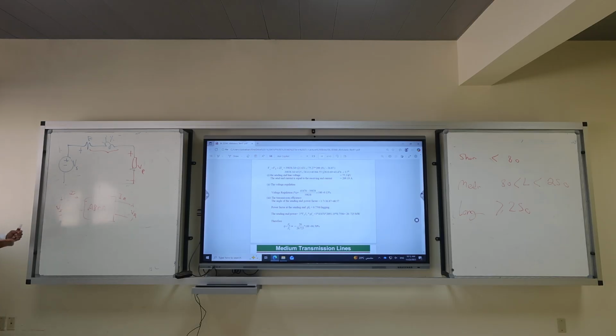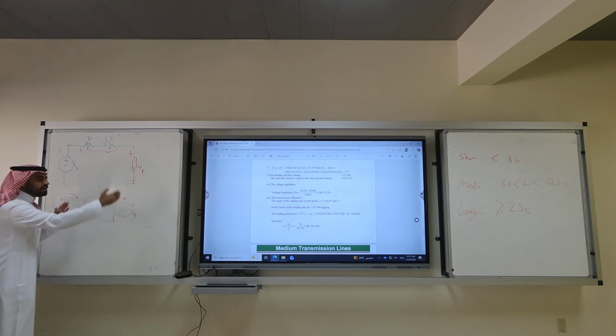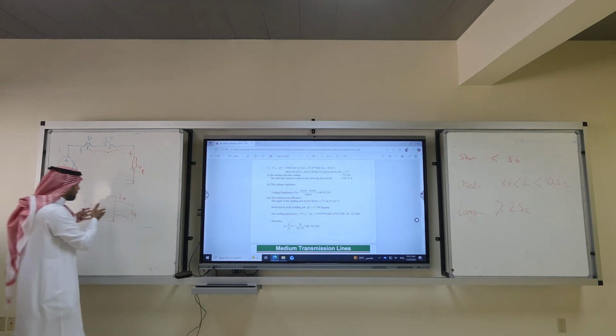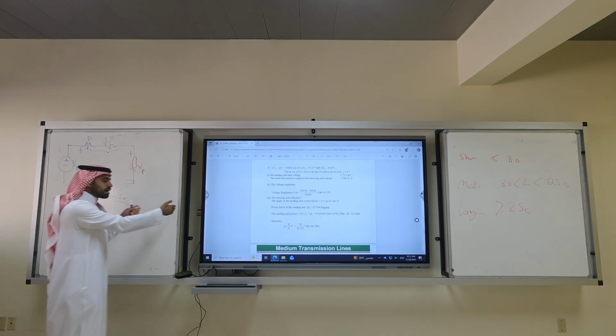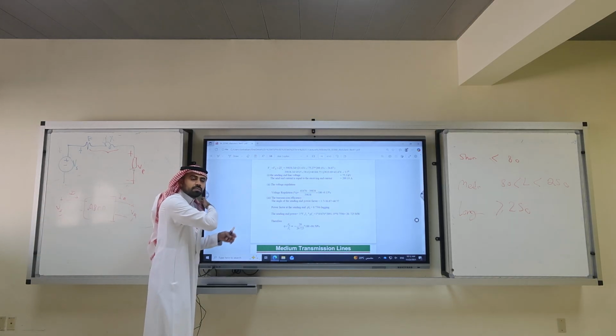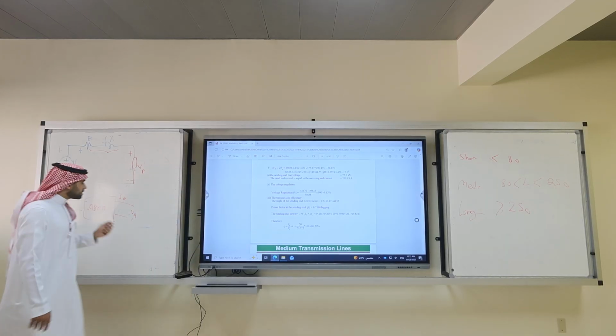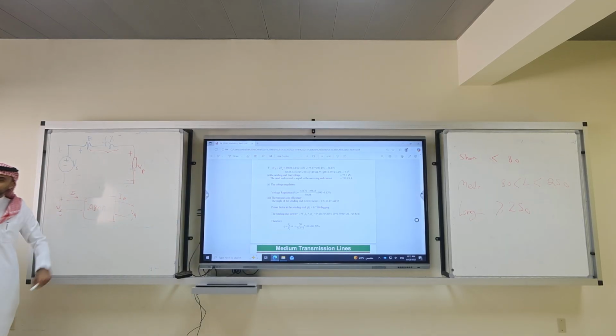So imagine with me if you have a sending, receiving, sending, receiving, sending, receiving. If you know the effect of this box and this box and this box, you can predict the behavior of the grid. Right? Where every box is 2 lines with sending and receiving. In 360, we only look at a 2-bus system, 1, 2.